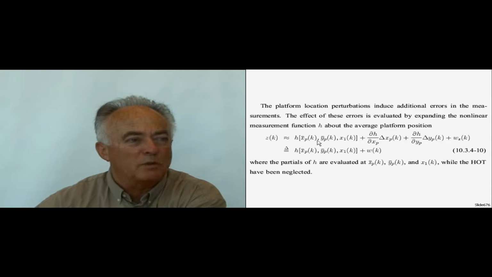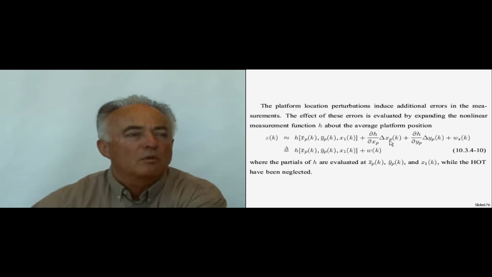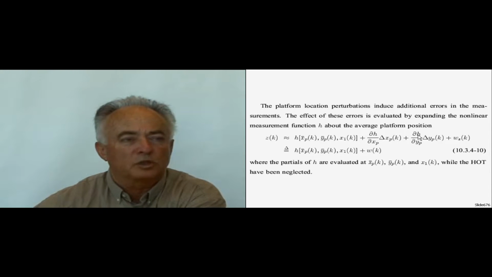xp bar and yp bar, and then depends also on x1, the position of the target, plus the partial of the function h with respect to the platform x position times delta xp, plus the partial of h with respect to the platform y position times delta yp, plus the sensor measurement noise. So we see there are two sources of errors, really, you can call them two or three.